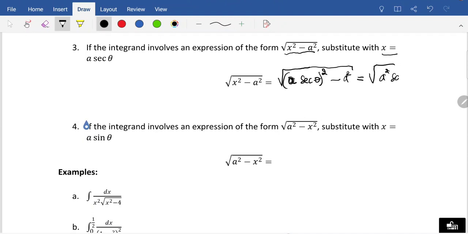and that is just equal to the square root of a squared sec squared theta minus a squared. And this gives us that a squared is a common factor, so we can pull it out.